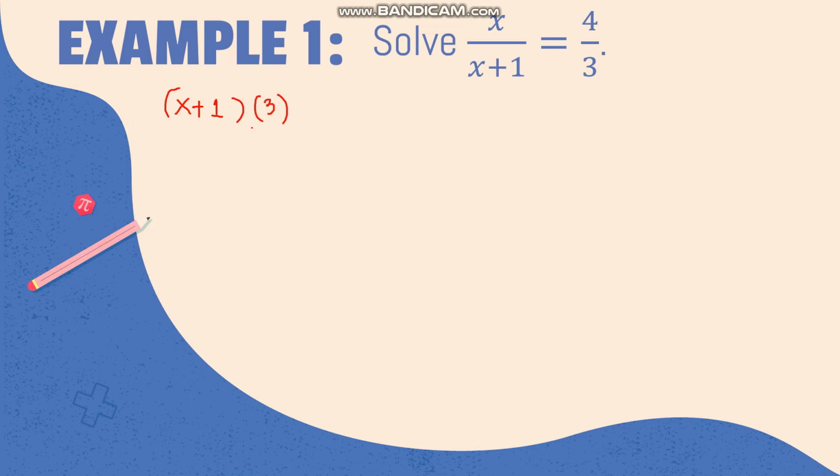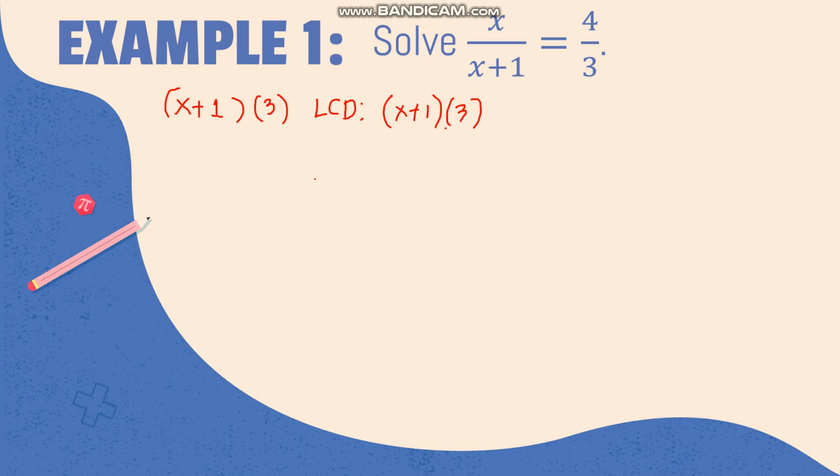Since these two denominators are already factored, we will use them. How will you identify the LCD? This is the product of the prime factors of each denominator. Since there's only one factor each, the LCD will be x plus 1 times 3.